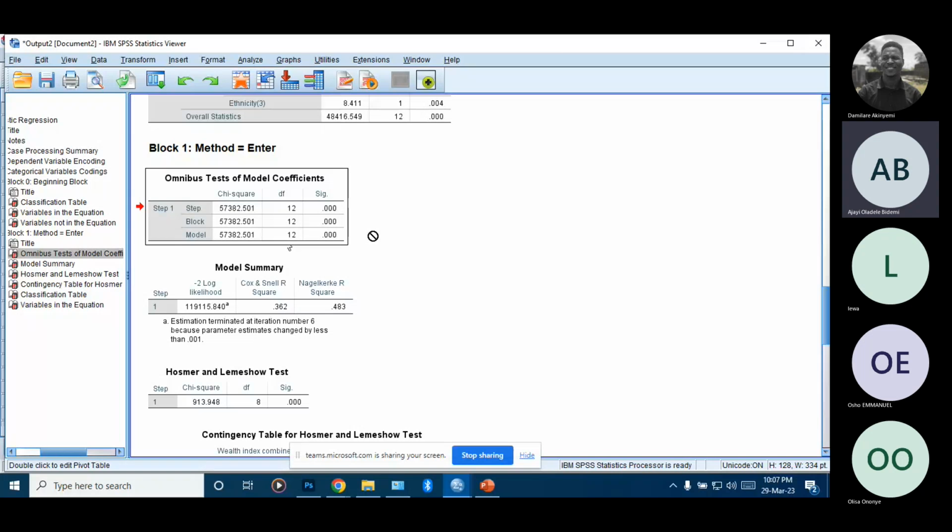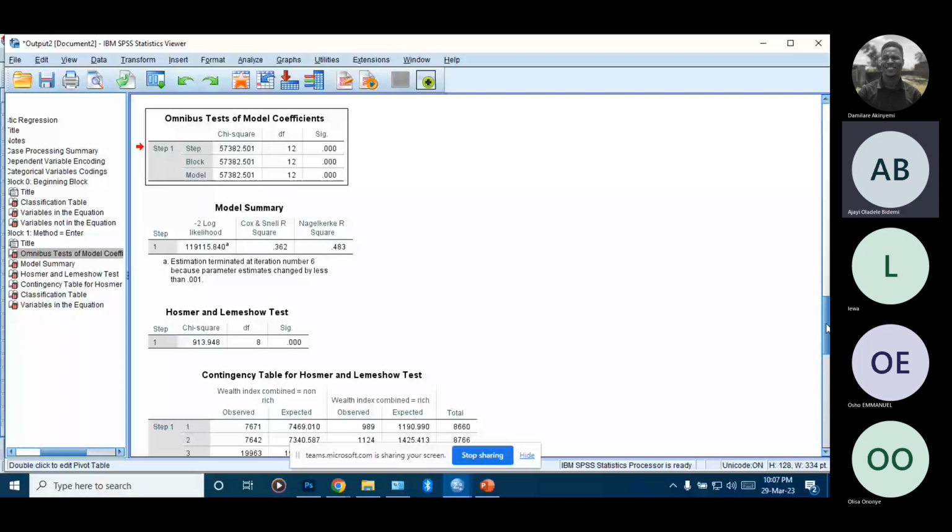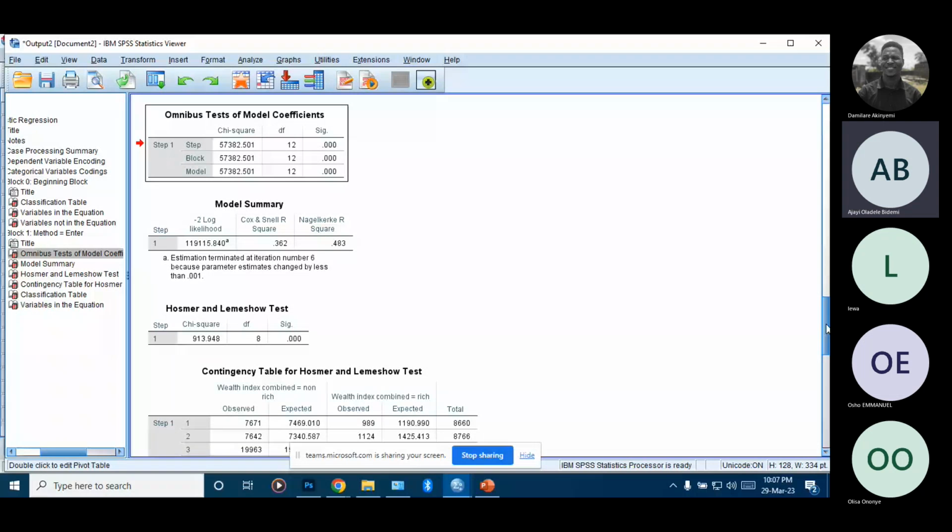Now the next thing that you interpret in your output is the model summary. The model summary gives us two types of R square, the Cox and Snell and the Nagelkerke. I don't know how to pronounce that, I'm sorry.